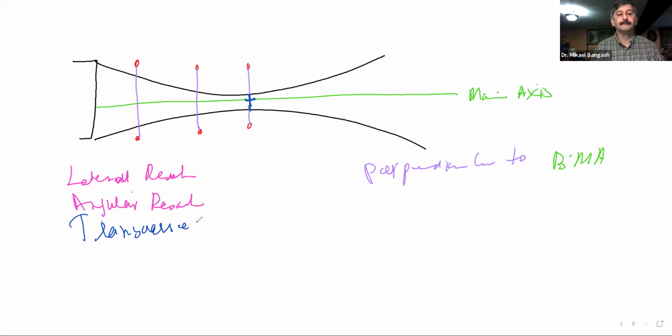Transverse. So that's why you can say it's also called transverse resolution.